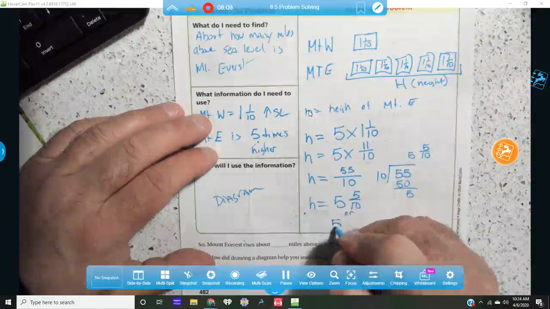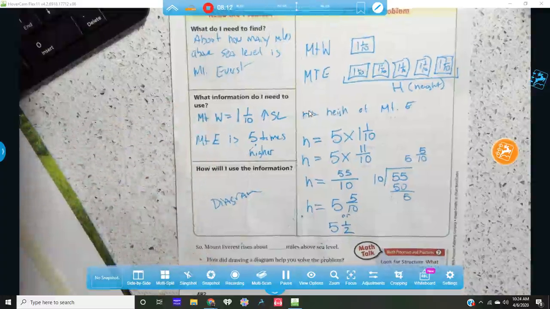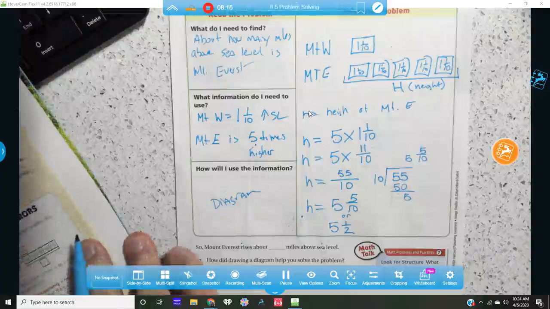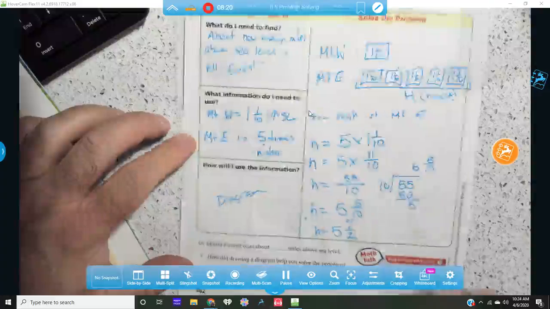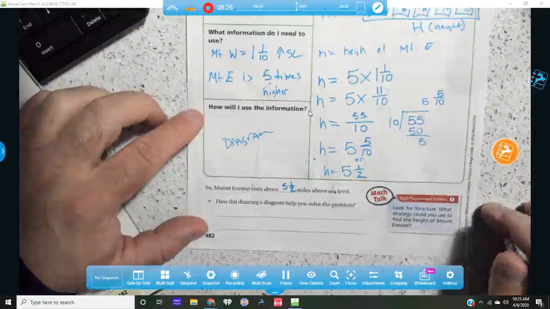Or 5 1/2. So it is 5 1/2 miles above sea level.